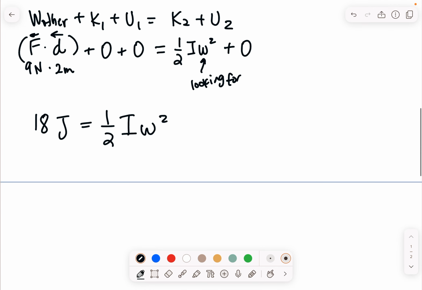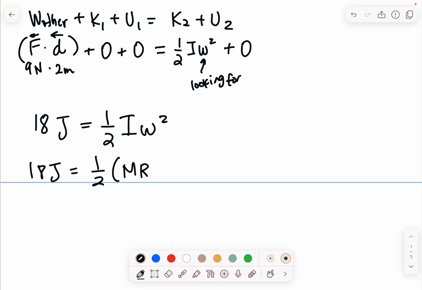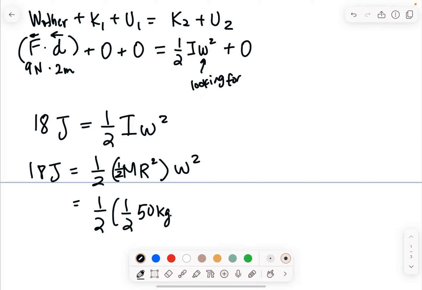So now we can find omega. So what is I? 1/2 m r squared, and then omega is our unknown. So let's plug in: m r squared for that cylinder was 50 kilograms times a radius of 0.6 meters squared, right? Because the diameter was 0.12. Oh, so this is 0.06.